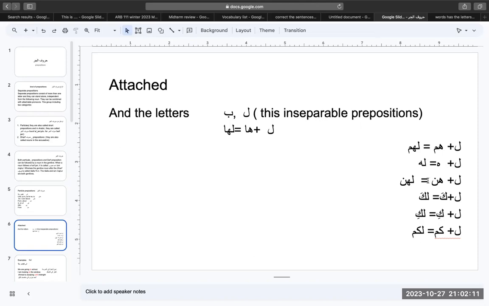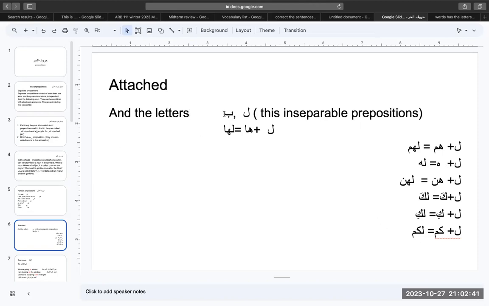Lam ha noon is lahunna, which means to them, a group of plural feminine. Lam kaf fatha is laka, which means to you. Laki also means to you, but laka is to you singular masculine and laki to you singular feminine. Then lakum, to you, group of masculine or feminine.